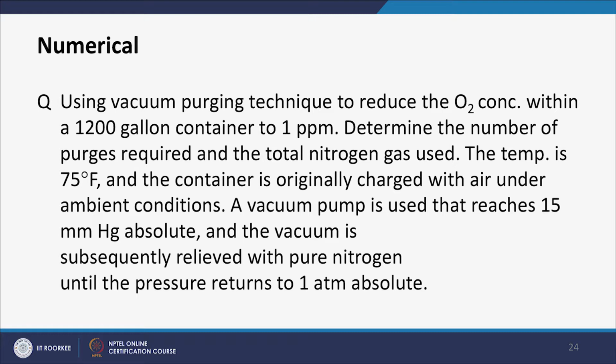The temperature is 75 degree Fahrenheit and the container is originally charged with air under ambient condition. A vacuum pump is used to reach 15 millimeter of mercury absolute, and the vacuum is subsequently relieved with pure nitrogen until the pressure returns to 1 atmosphere absolute. So, let us attempt this particular problem.